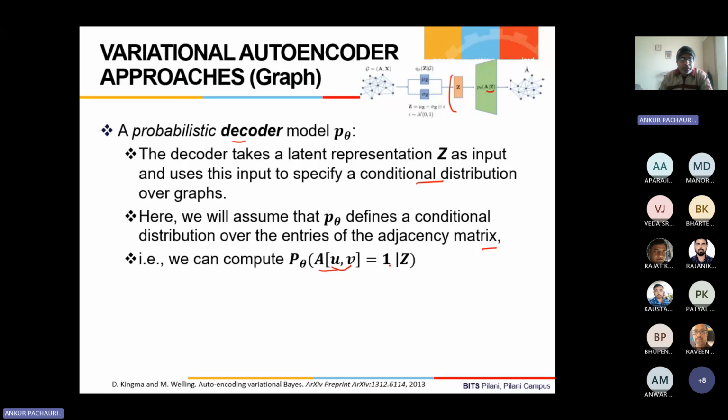A uv equals 1 means there's an edge between u and v. But this probability that node u and node v have an edge in between depends upon the latent variable. The probability that there's an edge between those two nodes is computed based on the latent space, or we can say the latent data of the graph.